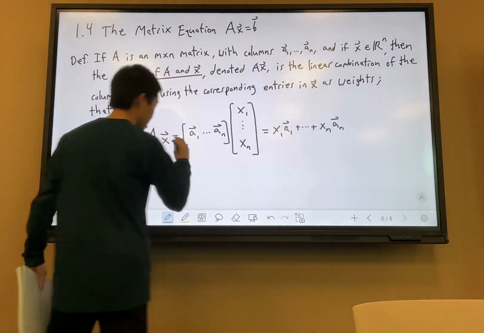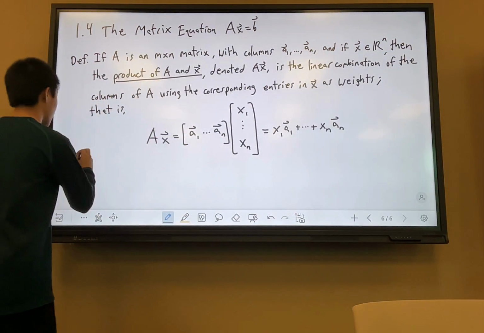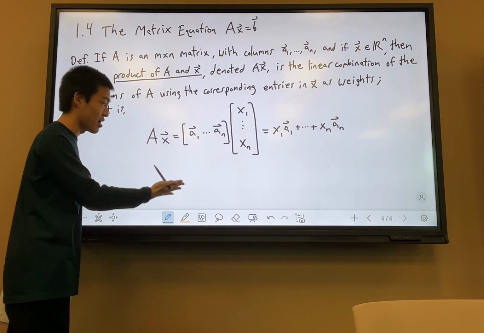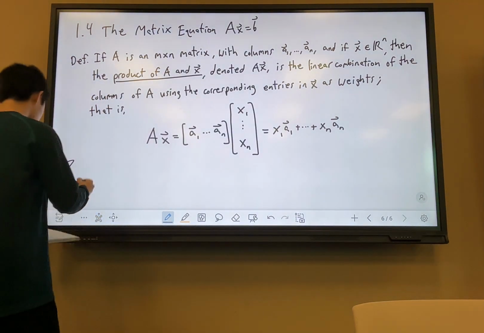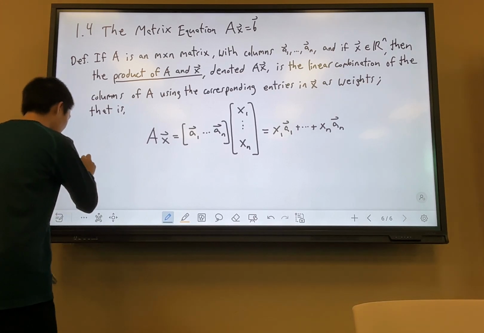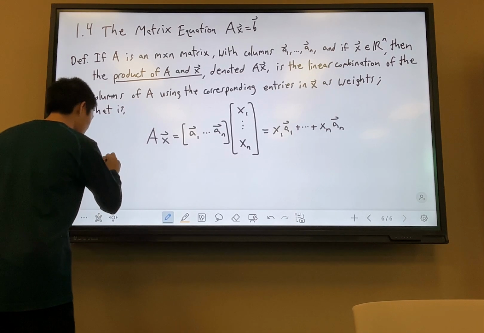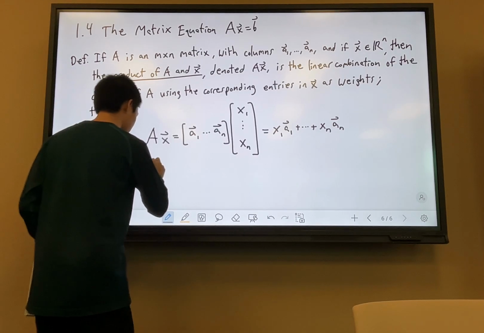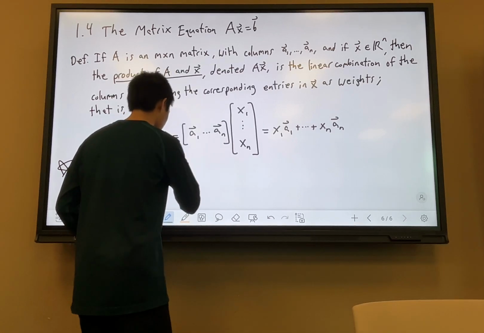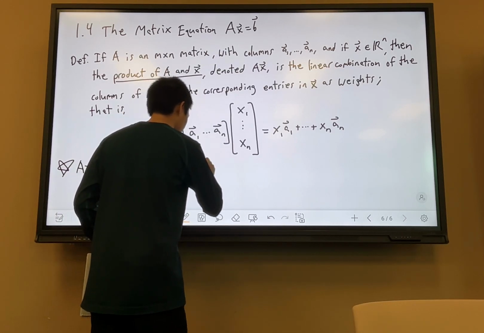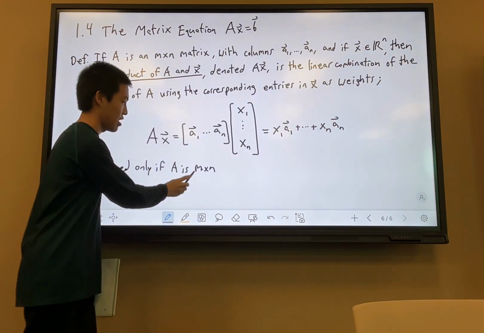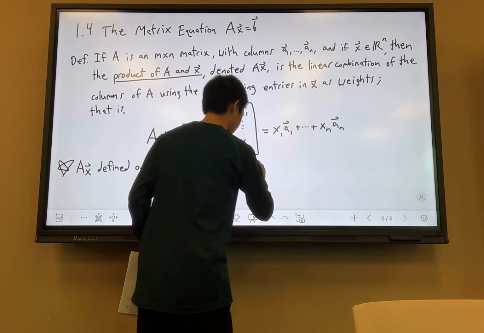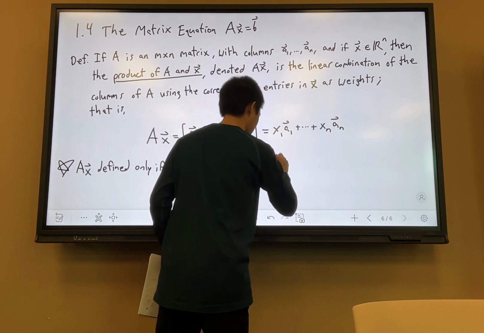Actually, this does imply a rule that I should just state down here. So I'll star it. It's not really a rule so much as it is this is undefined if what I write isn't true. We only have Ax being defined only if A is m by n, so it has m rows, n columns, and x is in R^n.